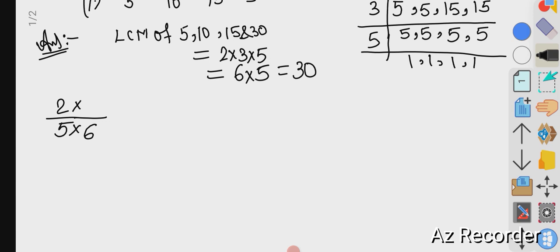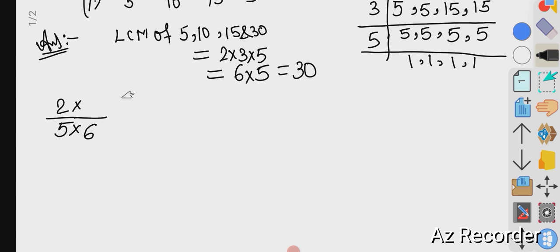If you do not multiply the same number in both the numerator and denominator, that will incorrectly change the value of that fraction. But when you multiply the same number in the numerator and denominator, the value remains the same. How does the value remain the same? Because if you want to convert back, you have to divide again by that number.